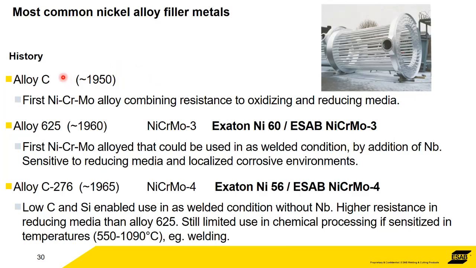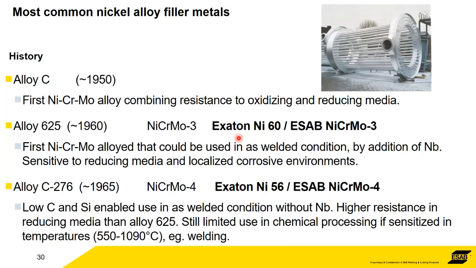The first nickel chrome moly alloy was alloy C, which was around in the 50s. The problem with that was that it couldn't be welded. So alloy 625 was invented, nickel chrome moly 3. It was the first nickel chrome moly alloy that could be welded, and that was really done by the addition of niobium.